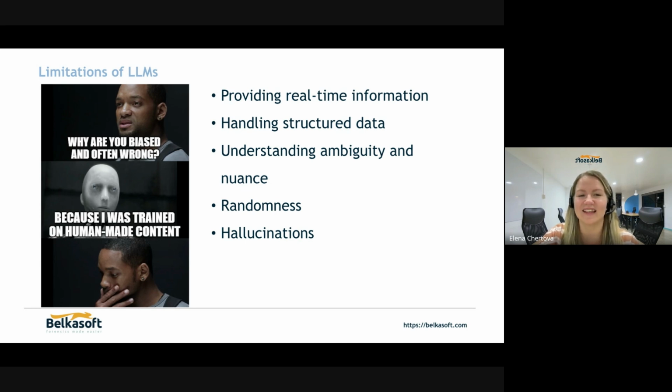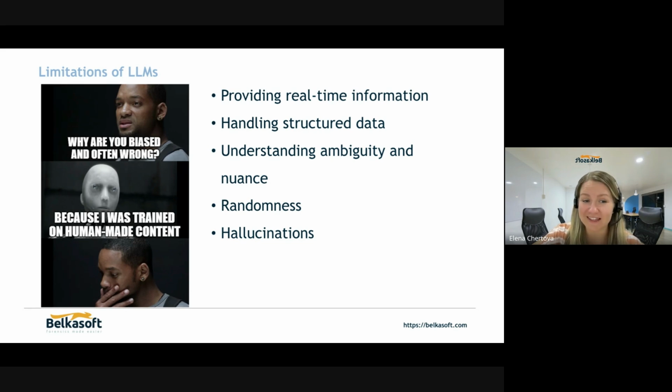Then understanding ambiguity and nuance. Though they can understand metaphors and synonyms, when someone discusses some topics in a very metaphoric way, it may not always be well understood.